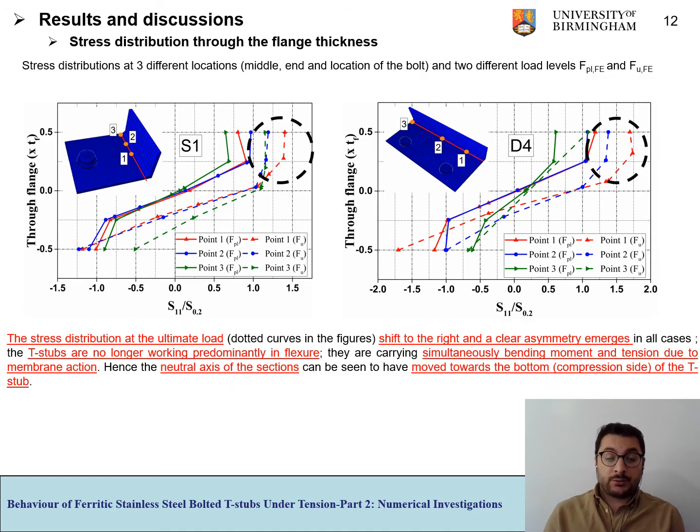If we focus on the stress distributions at the attainment of the ultimate force, you can see that the stress distributions shift to the right and a clear asymmetry emerges in all cases. The T-stubs are no longer working predominantly in flexure. They are carrying simultaneously bending moment and tension due to the membrane action. Hence, the neutral axis of the sections can be seen to have moved towards the bottom, which means the compression side of the T-stubs.